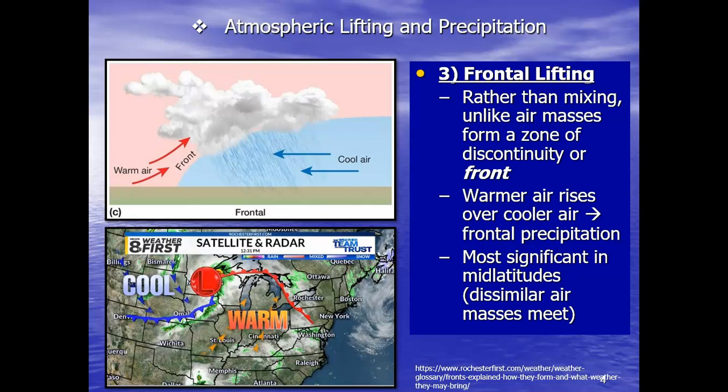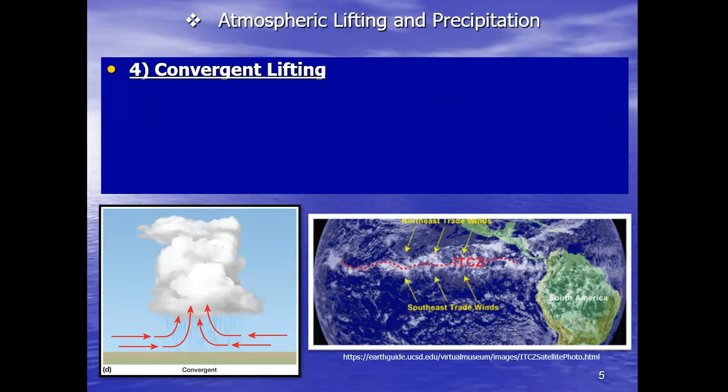This one is going to be most significant in the mid-latitudes where dissimilar air masses are found. If you're in the poles or you're in the tropics, you either have pretty much all cold air or pretty much all warm air. Those two air masses, you don't have what you need in order for the warmer of the two to rise above. So we're going to see that mostly in our mid-latitudes.